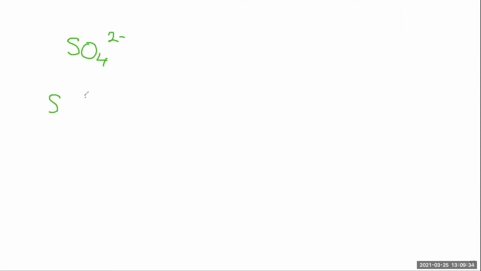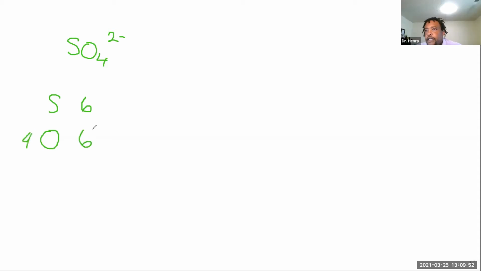Sulfur has 7, right? Nope, not 7. Sorry, 6. Sulfur has 6. And oxygen has how many? Same, 6. And we know that there's 4 oxygens, so 4 times 6, 24.